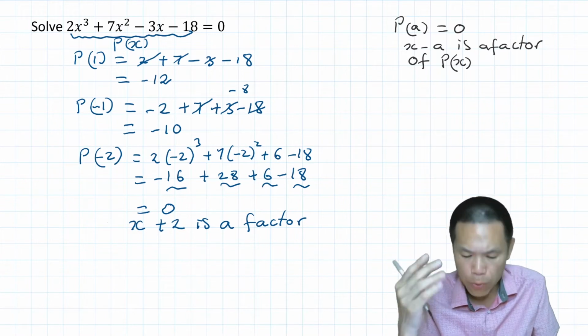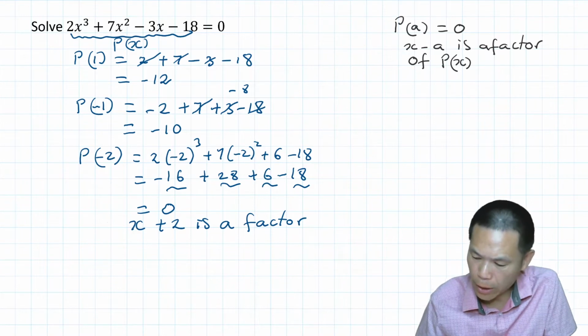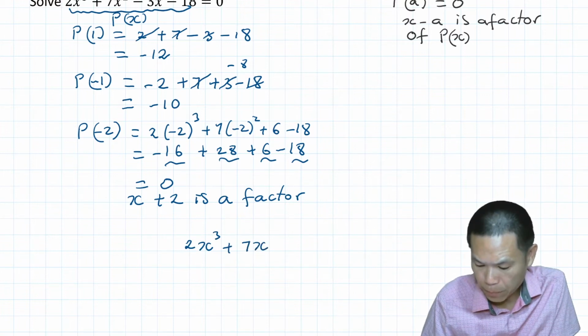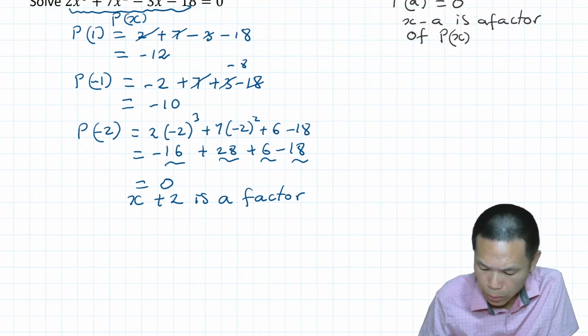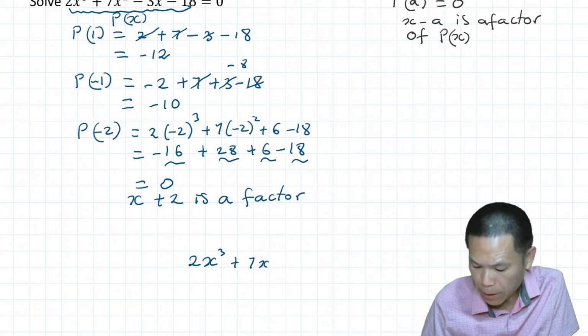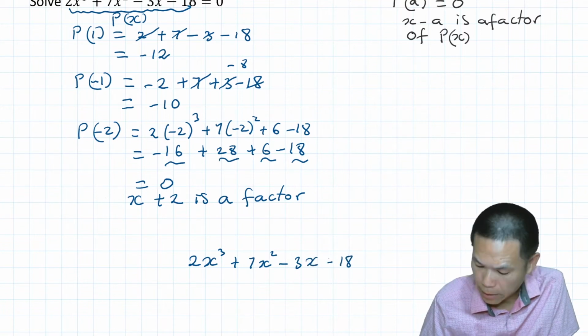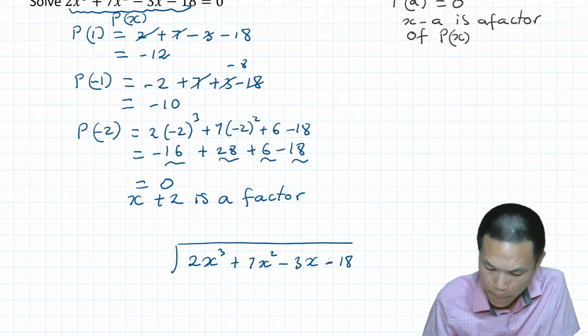So what we can do now is we use P(x) divided by x plus 2. So I'll just write it here: 2x to the power of 3 plus 7x squared minus 3x minus 18, divided by x plus 2.